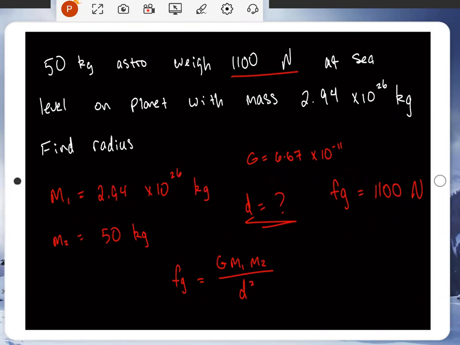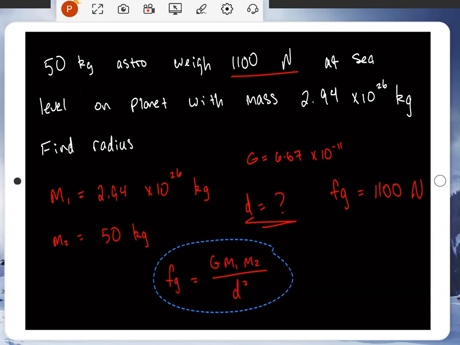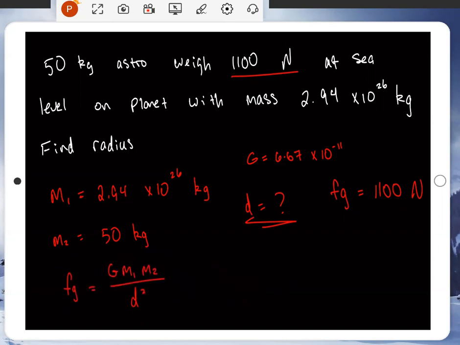Okay, so it's FG equals GM1 M2 over D squared. So we're solving for D, so you multiply D squared to both sides, and you get D squared times FG equals GM1 M2. And then what do you do?